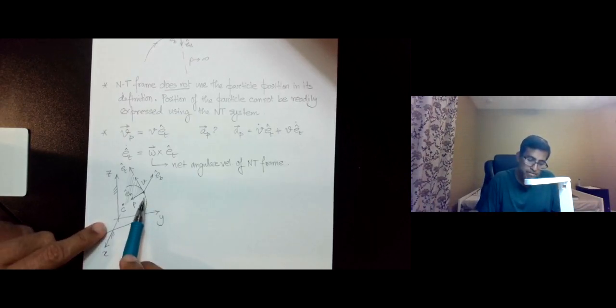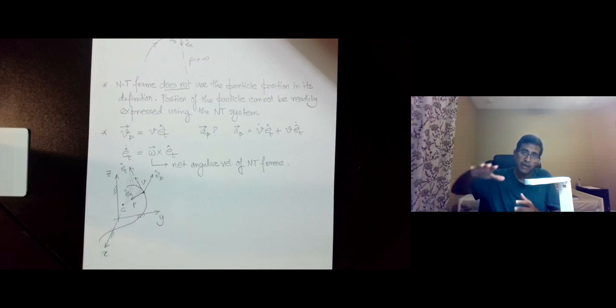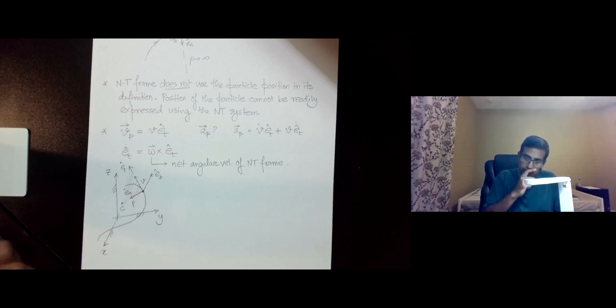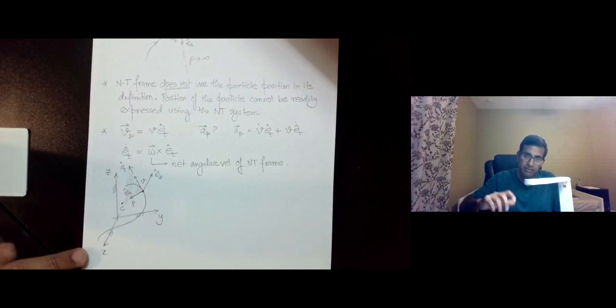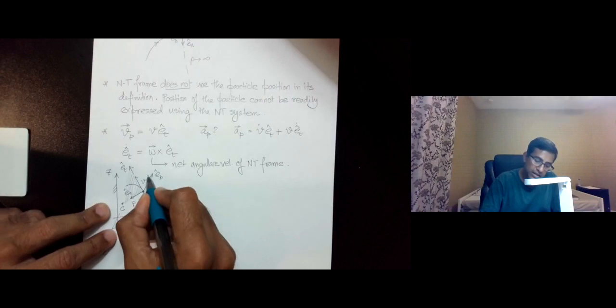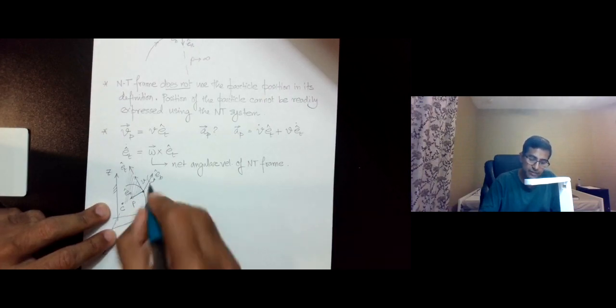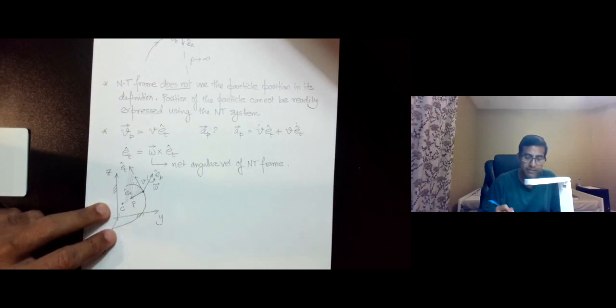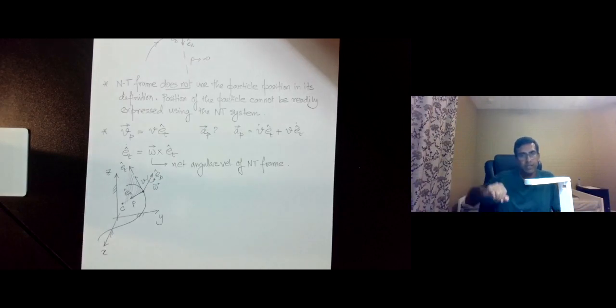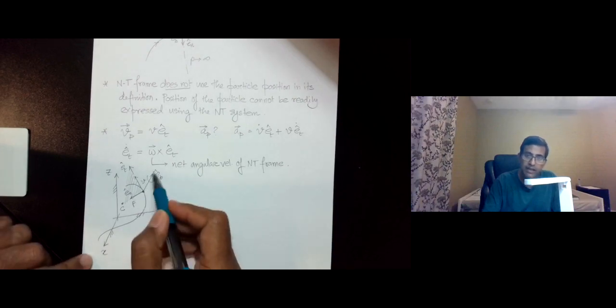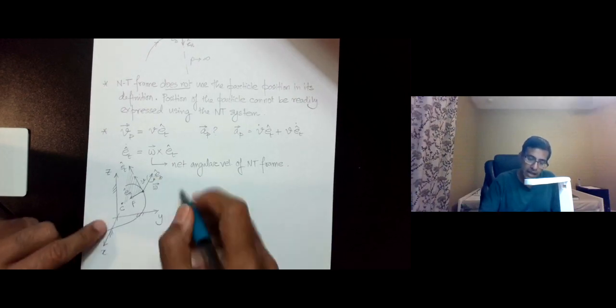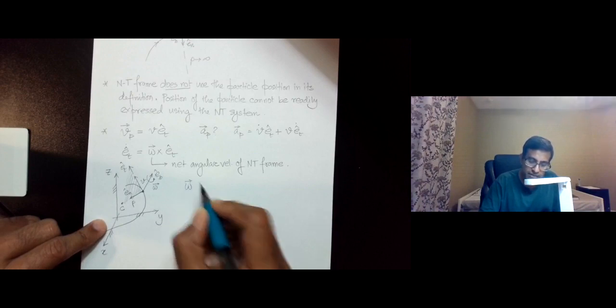Now, since the osculating plane is tangential to the trajectory of the particle, you can see that the whole nt coordinate system is actually at any instant turning about eb. So this is the direction of omega. The angular velocity of the nt coordinate frame is at any instant about eb. And what is that angular velocity?